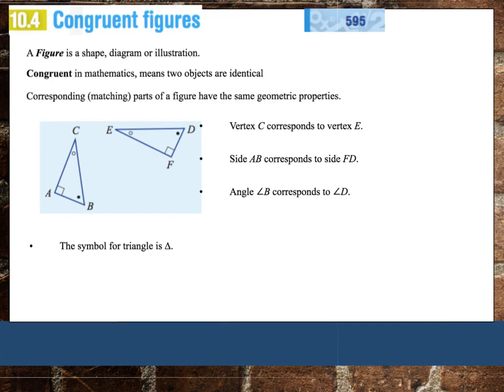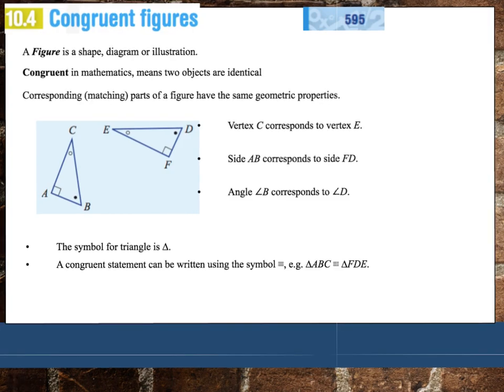And now we're going to come to the very important part, and this is how do we actually set this up. If I want to say that these two triangles are congruent, we're going to use the symbol that looks like that. So an equal sign with an extra line. It can also be written like this, with another line, a squiggly line, or just 3 straight lines. Now this statement is very important.